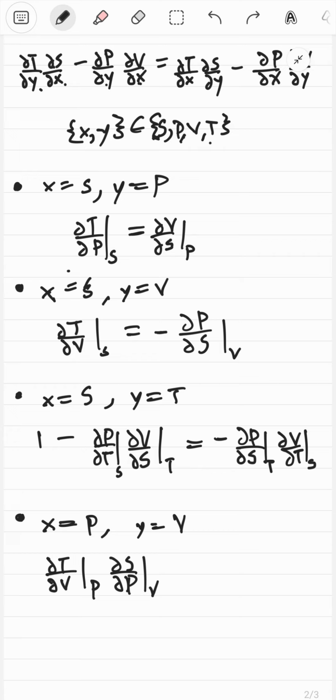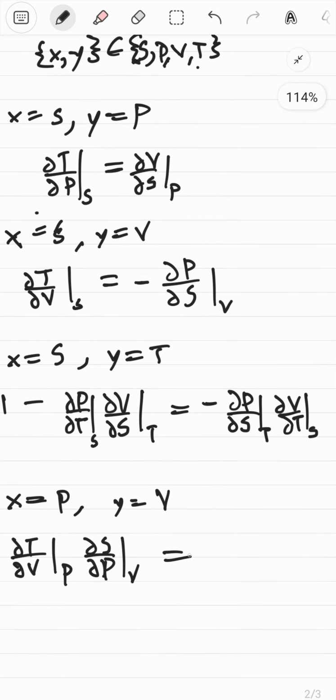Anyway, so you just got this thing. Okay, then minus of this stuff. So x is pressure, y is volume. So this is obviously becoming 0 in that case, because now V is a function of P and V, and obviously, so okay, who am I kidding? V is a function of V only because it is V. So this thing just becomes 0. That's what I want to say.